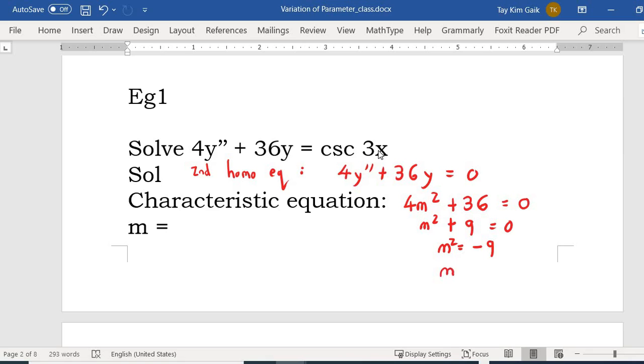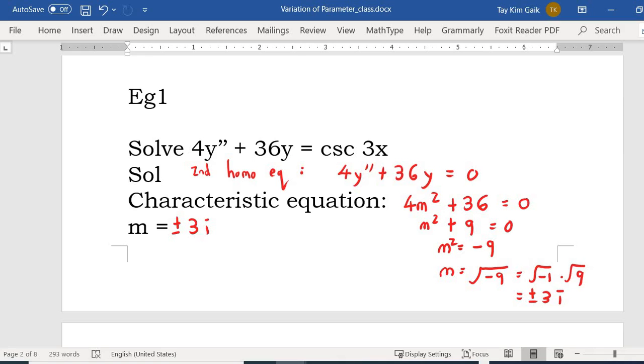So your m is actually the square root of negative 9, which is square root of negative 1 times square root of 9. Square root of 9 you get positive negative 3. Square root of negative 1 is i. So m you get positive negative 3i.